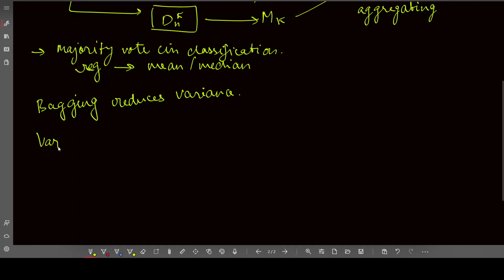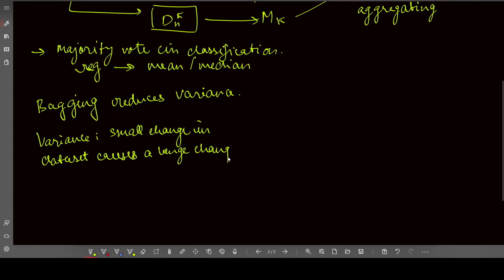Just to recapitulate, variance means a small change in my data set causes a large change in the output of my model.